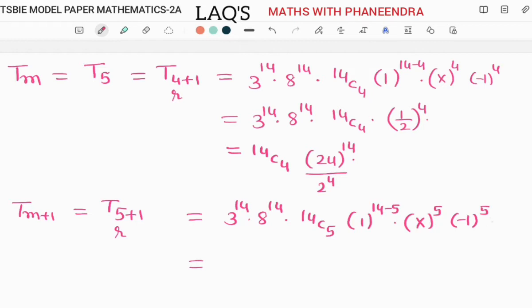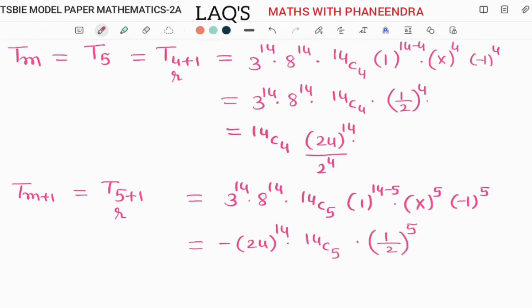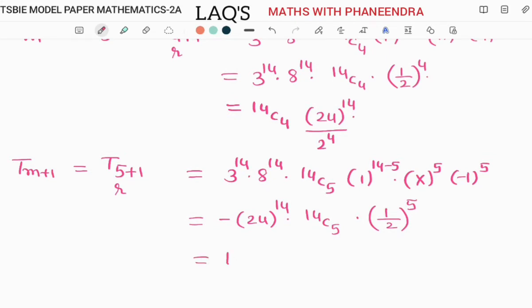So minus 1 whole power 5 is minus. Directly first I am writing 3 into 8, 24 whole power 14 into 14C5, 1 power anything is 1 only, into 1 by 2 whole power 5. So which is equal to minus 14C5, 24 power 14 by 2 power 5.